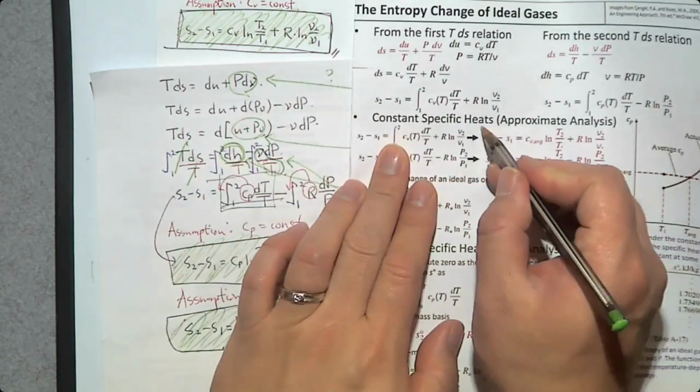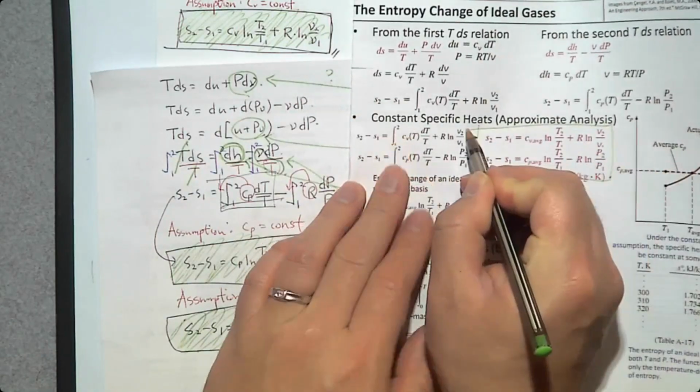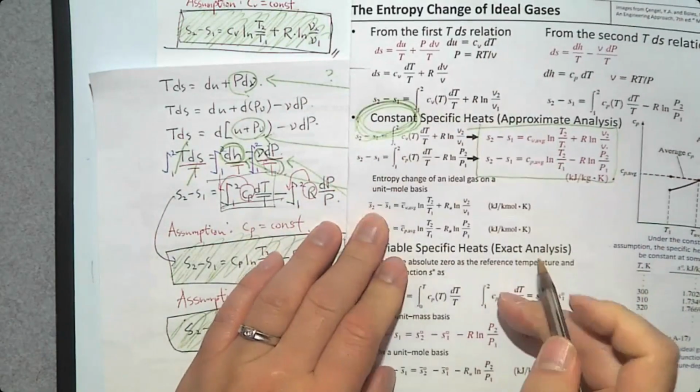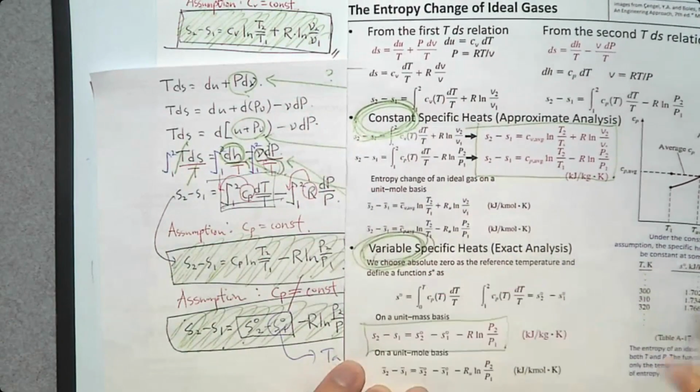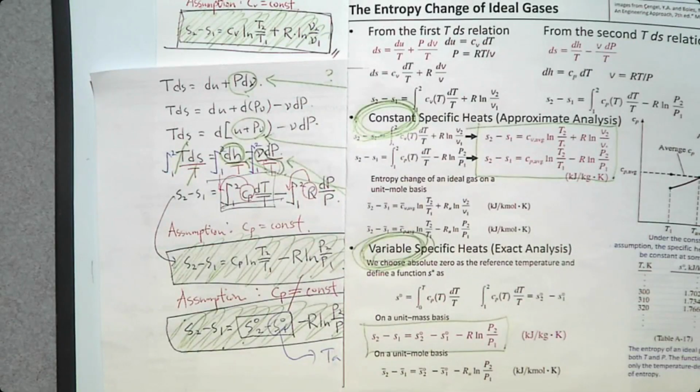So here are the first two equations assuming constant specific heat. The last equation assumes variable specific heat. So what you need to do is write down these three equations and use the first two when you can assume constant specific heat. Use the last one when you cannot assume constant specific heat. That's how you determine the change in entropy.